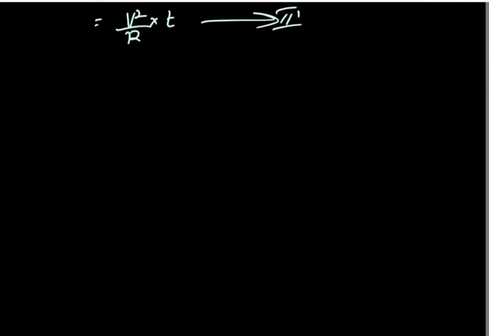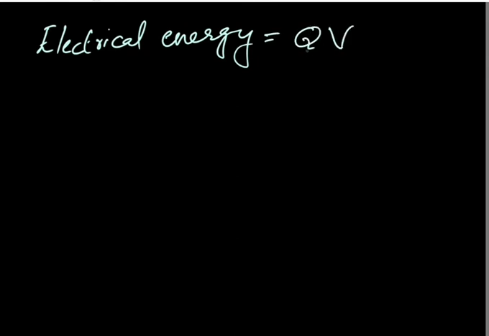So we will conclude that, or we will write all the equations together. So electrical energy can be written as Q multiplied with V, where Q is the charge and V is the potential.